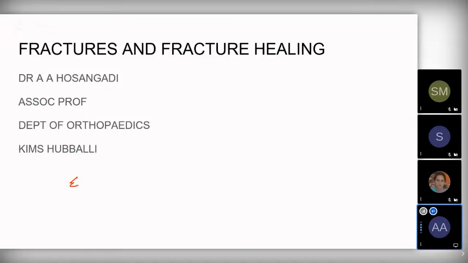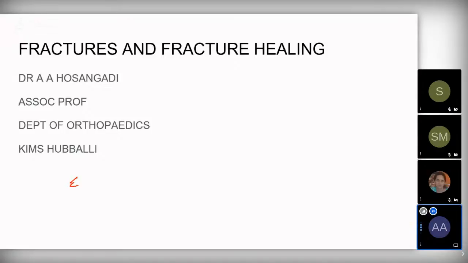So micro movement promotes fracture healing. That is correct. In primary healing, cartilage involvement is there. This is wrong. Woven bone is formed in primary fracture. Correct. Secondary healing, cartilage involvement is there. Common sense says if the second is wrong, the fourth is correct. So I told you the second is the wrong choice, so in that case the fourth becomes the right choice.